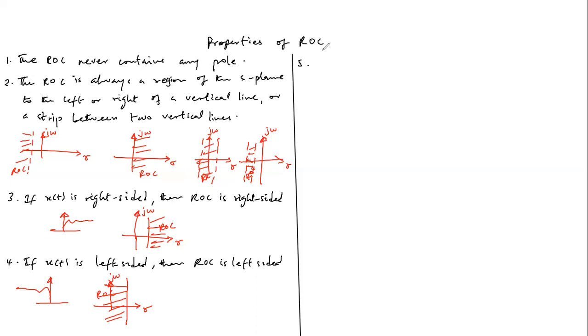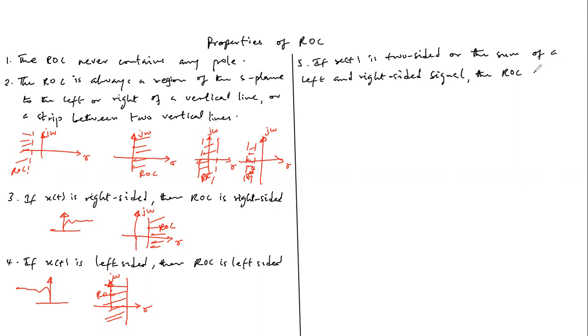So the next point to notice, if s of t is two-sided, or better still, it is the sum of the left and right-sided signal, the ROC is either a strip or else the individual ROCs will not overlap.